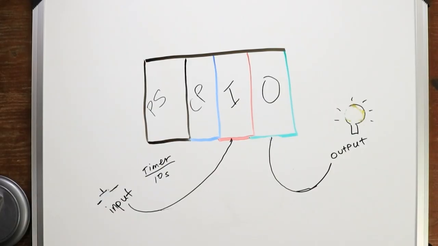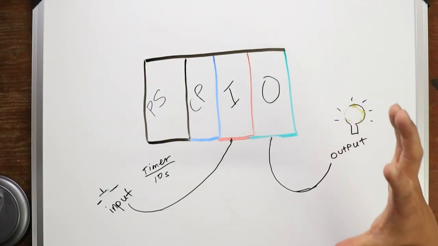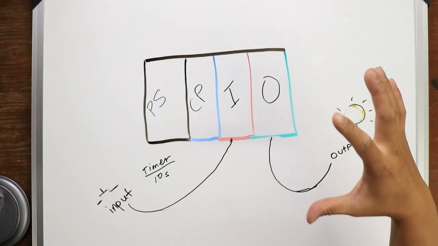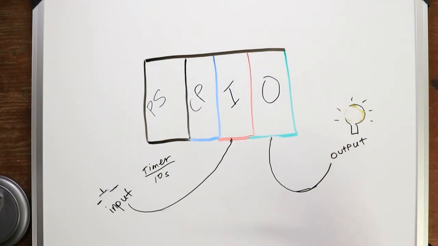I'll go into more details as there are more questions, or when this gets more advanced. But for the most part, just know that the PLC is the brains, the computer, controlling the equipment and the devices on the floor.